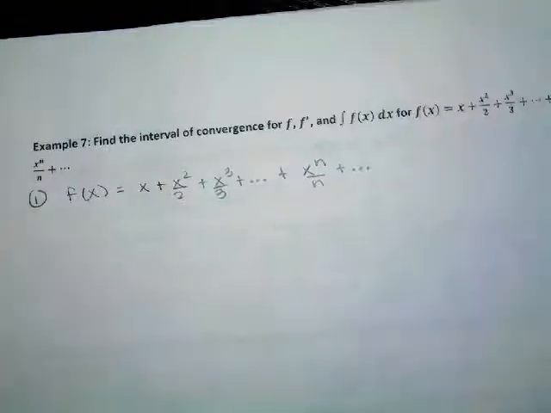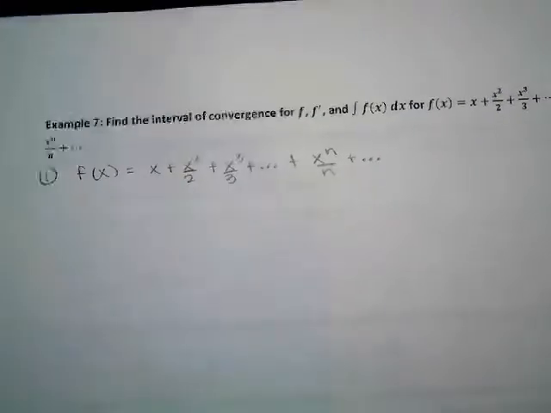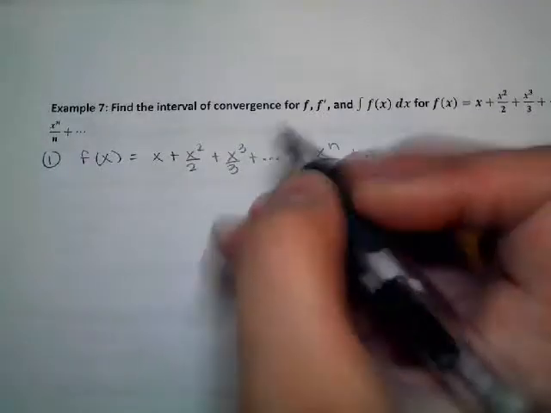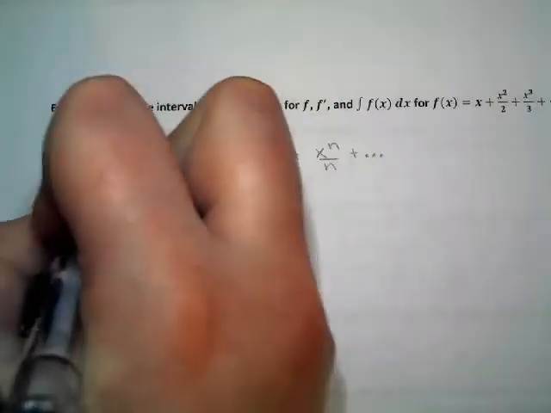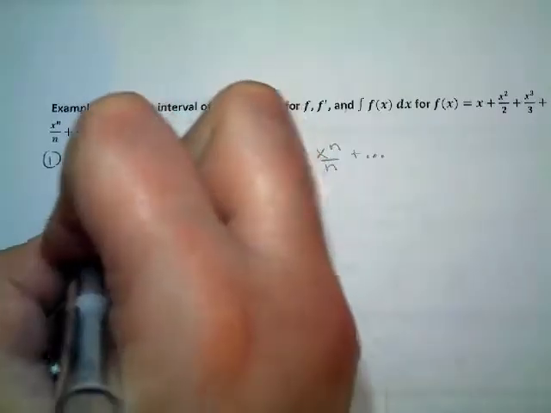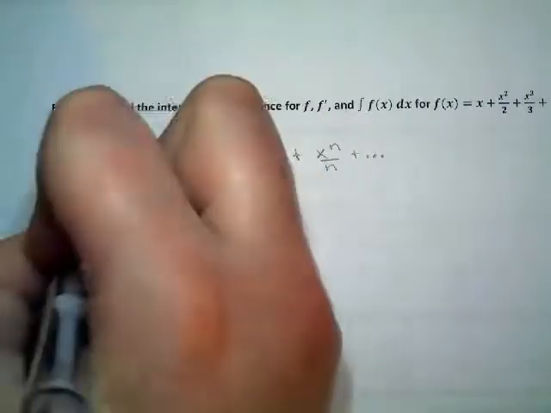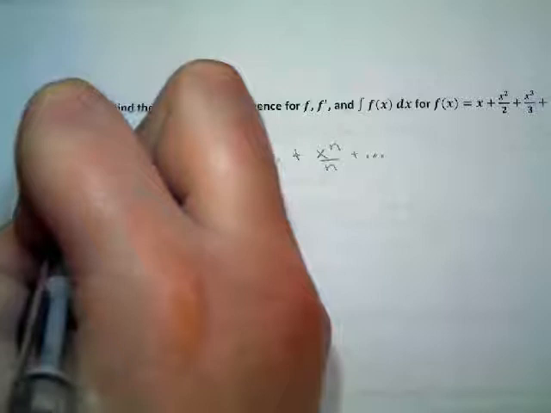So this means that we're looking at the sum from n equals 1 to infinity of x to the n over n. This is what we have. Let me go ahead and zoom in.